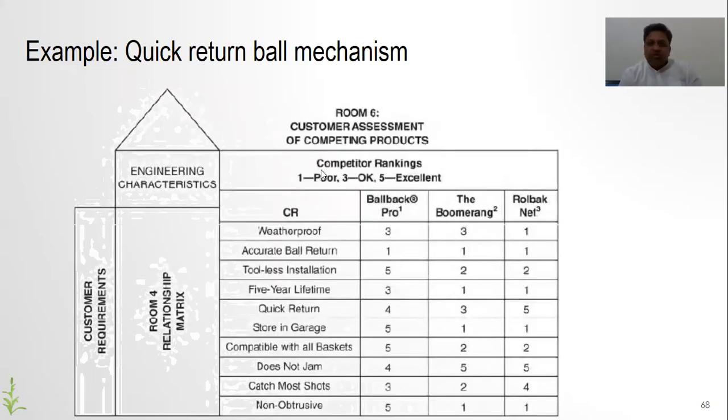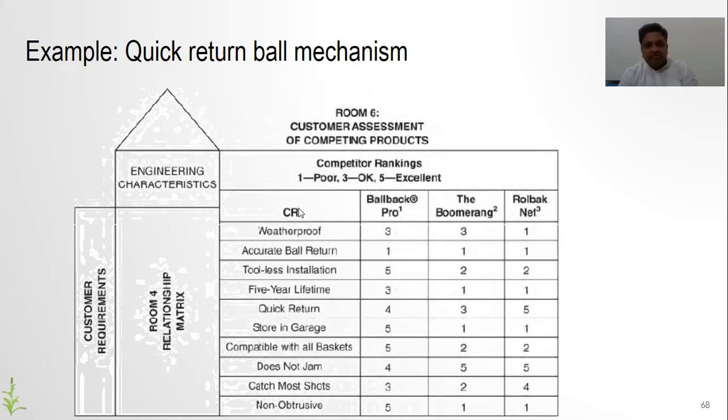Example of quick return ball mechanism. Room 6, customer assessment of competing products. So customer requirements are there. We studied that first, then later the engineering characteristics. Then room 4, relationship matrix. Room 6, customer assessment of the competing products.